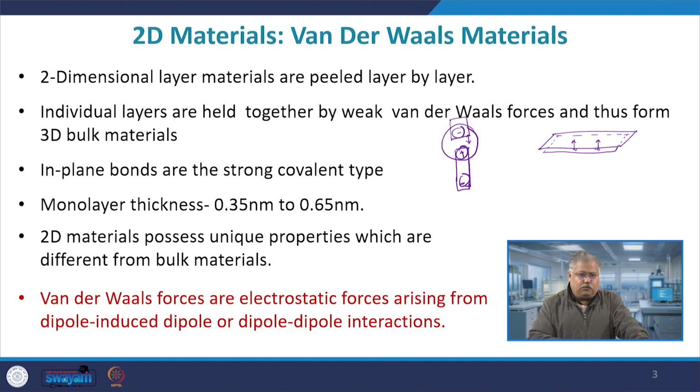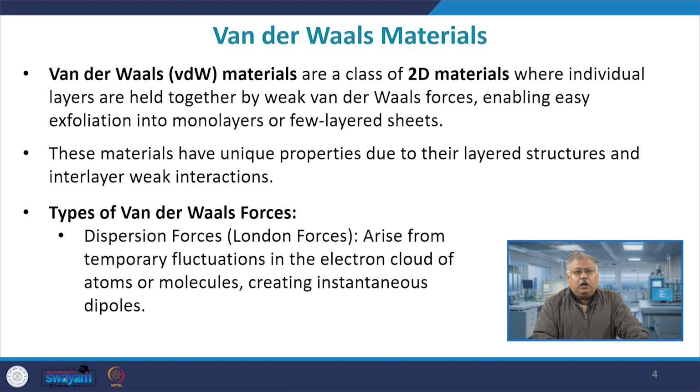So these van der Waals forces arise from that dipole-dipole interaction. Now, those classes of materials where individual layers are held together by weak van der Waals forces are basically known as van der Waals materials.